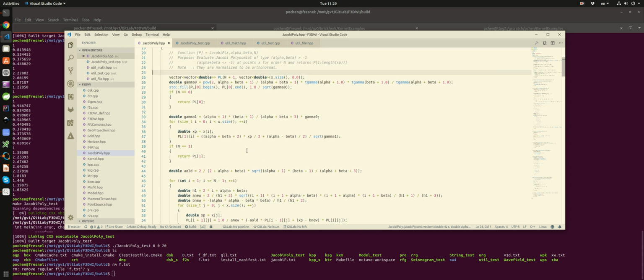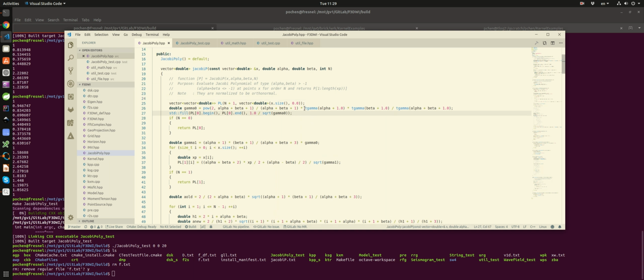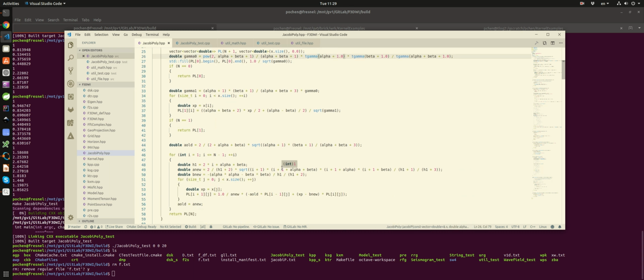And that's a function for computing the values of Lagrange polynomials. In order to actually compute this particular Jacobi polynomial, we have to use gamma functions. The gamma function is provided in C++ by the tgamma function, in the cmath library. So as long as we use the correct function, the calculation of the Jacobi polynomial is quite straightforward.